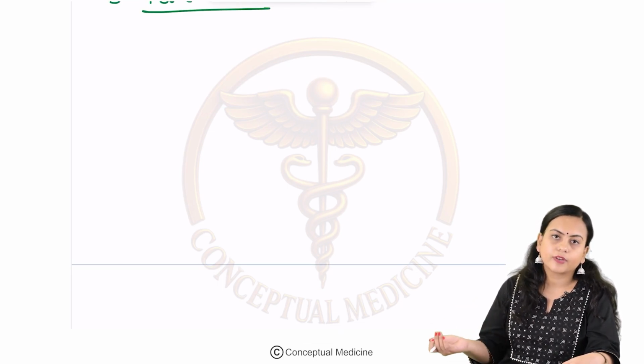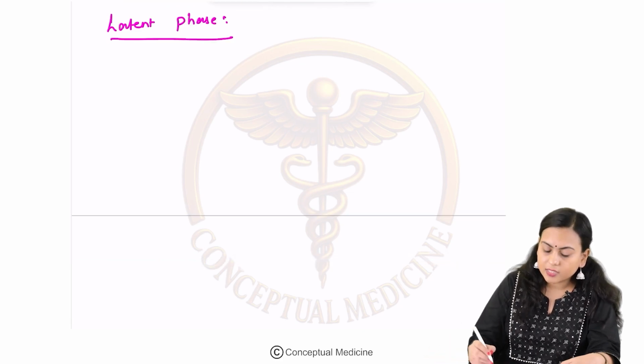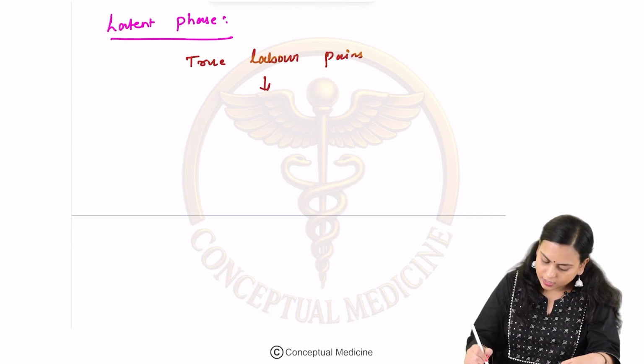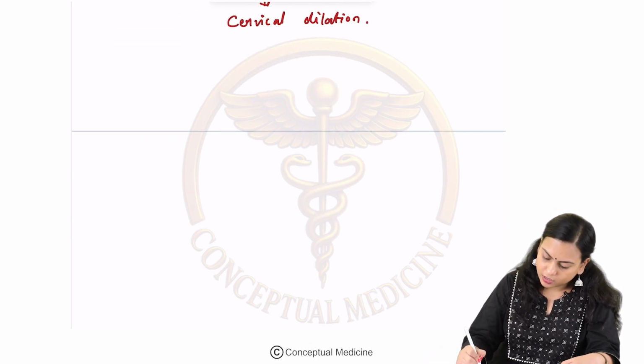Cardinal movements of labor will be discussed in another separate video. This starts with the onset of true labor pains and ends up to cervical dilatation of 4, 5 and 6 centimeters.